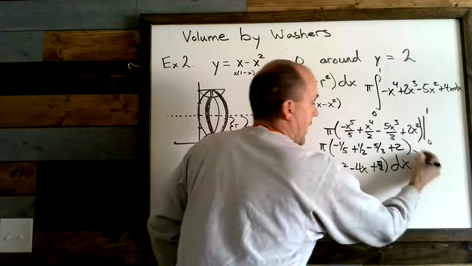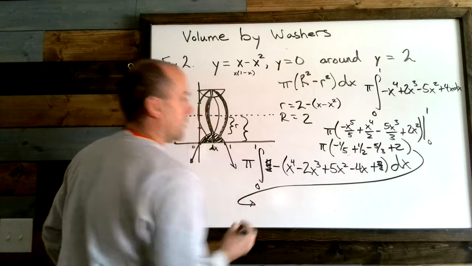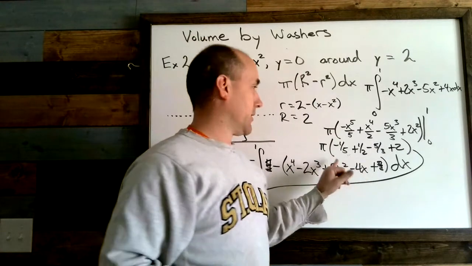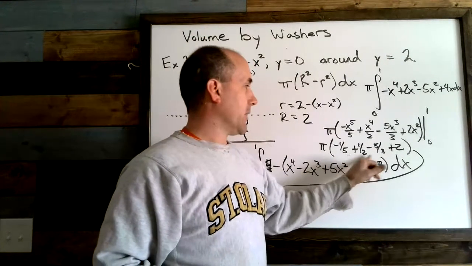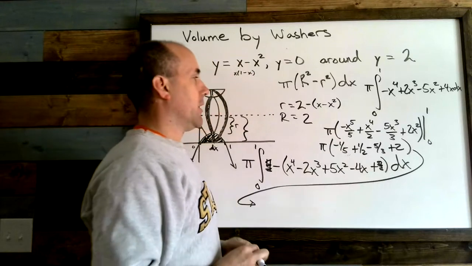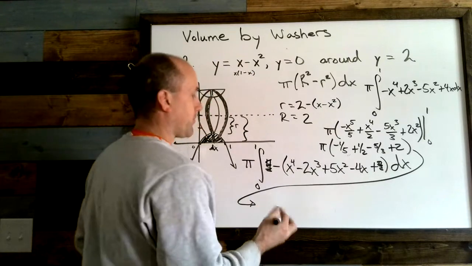I like to create common denominators. Common denominator here I'm going to make between 5, 2, and 3. We're going to make 30.